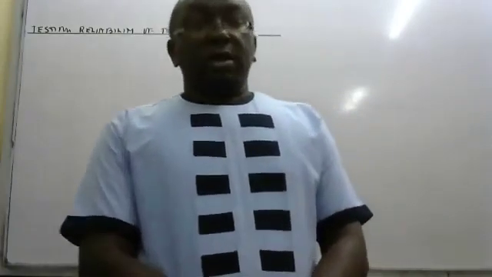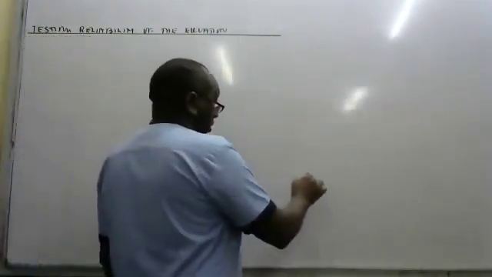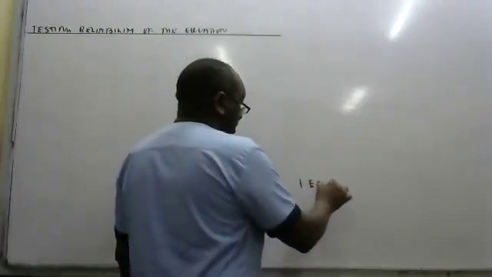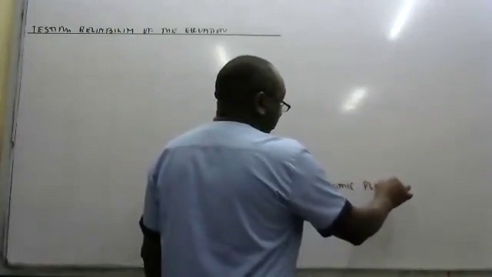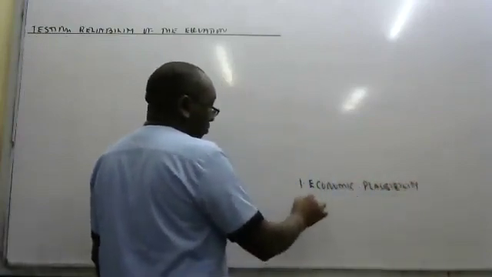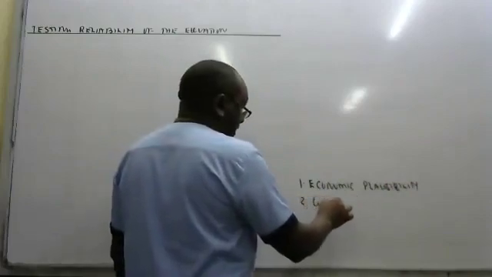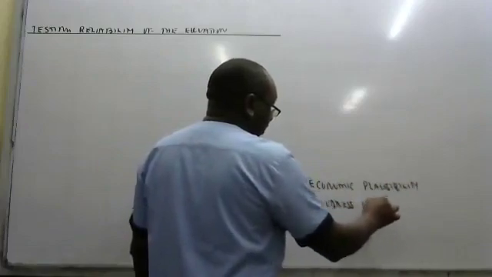First of all, the tests are divided into 3 areas. Number 1, economic plausibility. Number 2, goodness of fit.